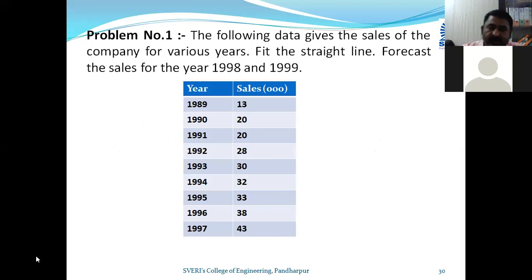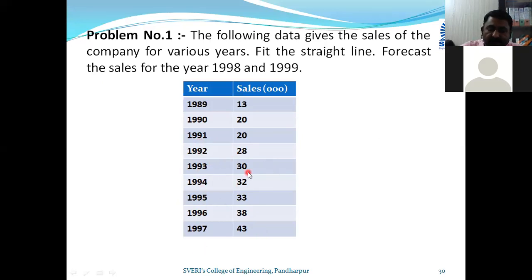This is the first example we have already discussed, and in this you can see 1 2 3 4 5 6 7 8 9.